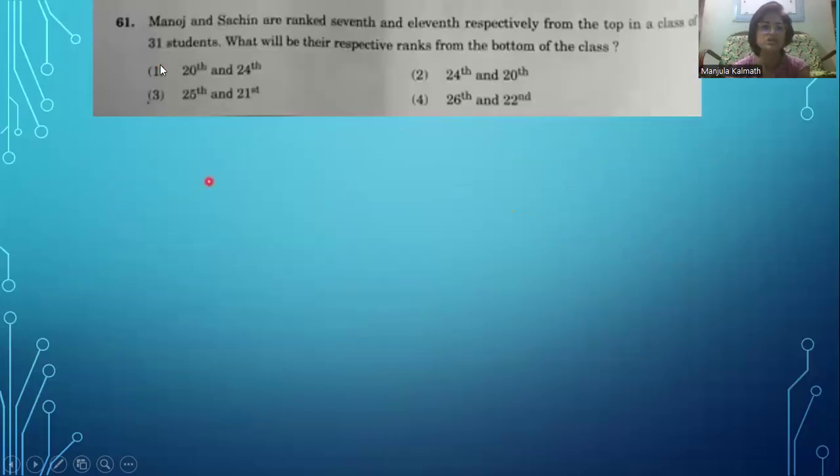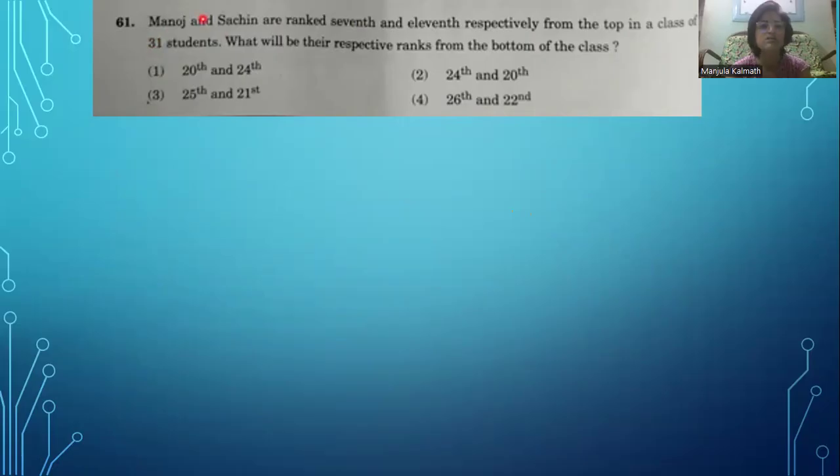The next question is, Manoj and Sachin are ranked 7th and 11th respectively from the top in a class of 31 students. What will be their respective ranks from the bottom of the class? Total, how many students are there? 31.